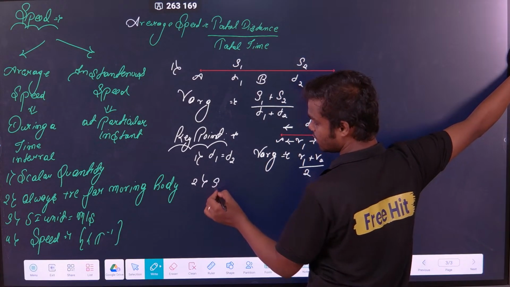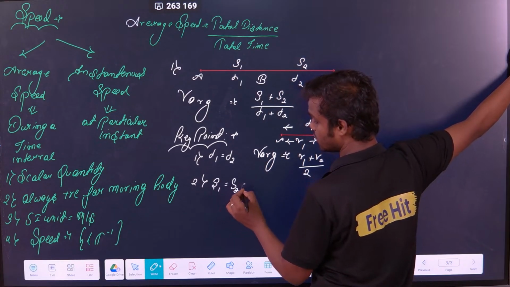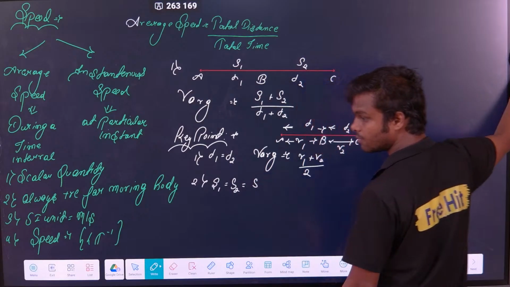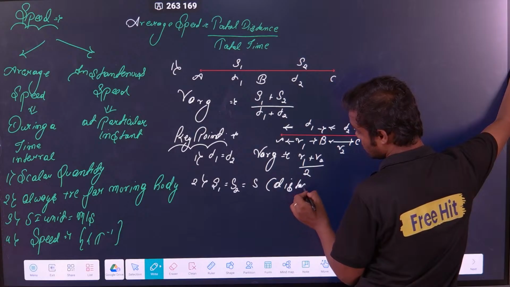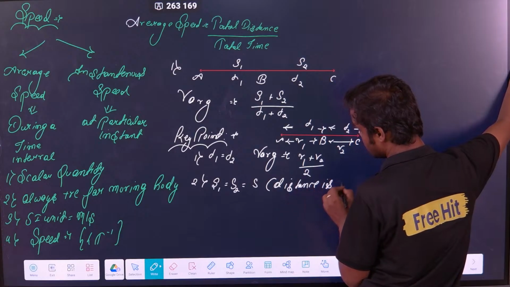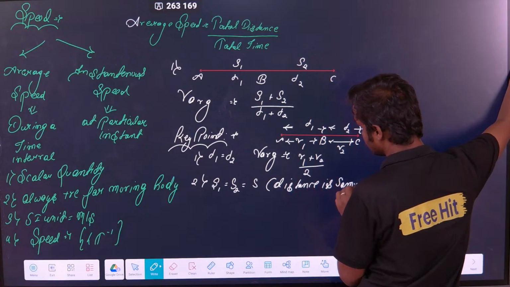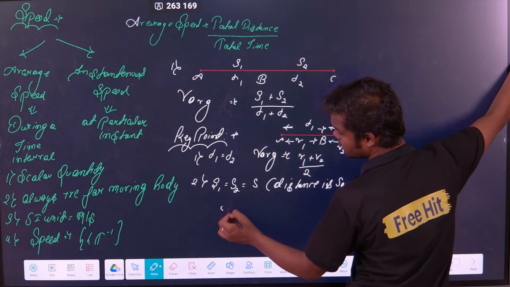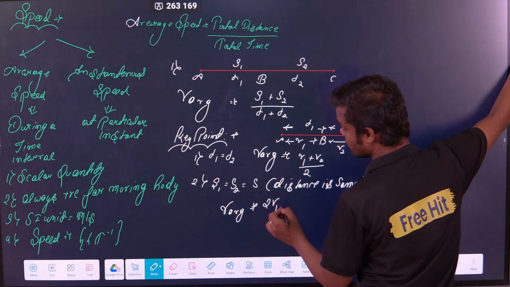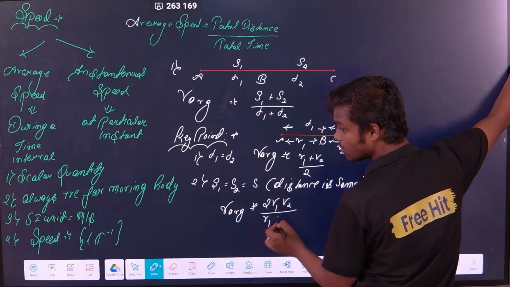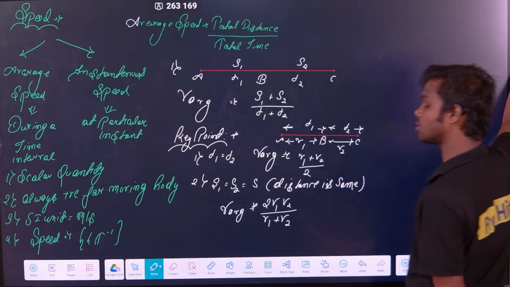Second case I am taking when S1 is equal to S2, that is equal to S. Means distance is same. In the previous case time is same, here distance is same. Then V average is simply defined as 2 times V1 V2 upon V1 plus V2. Correct?